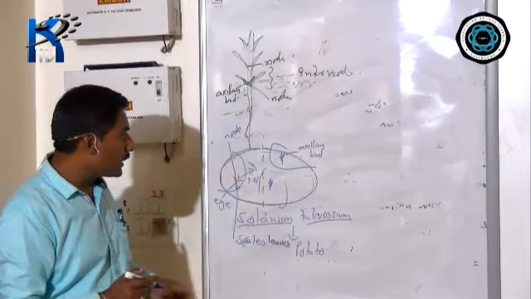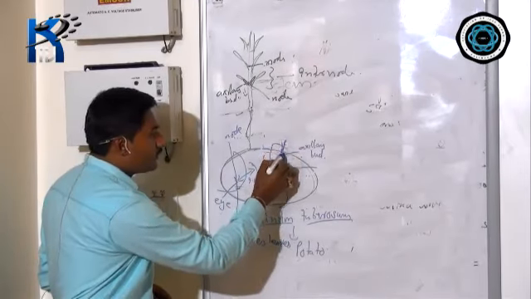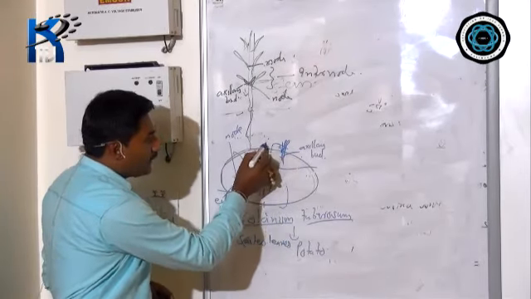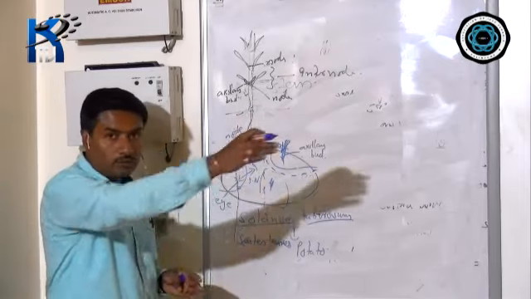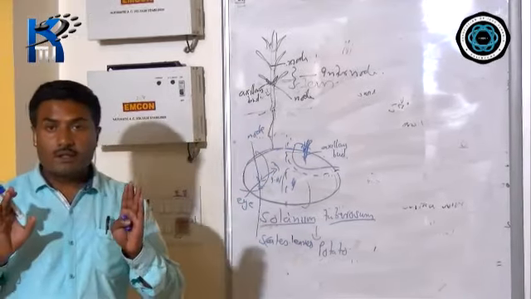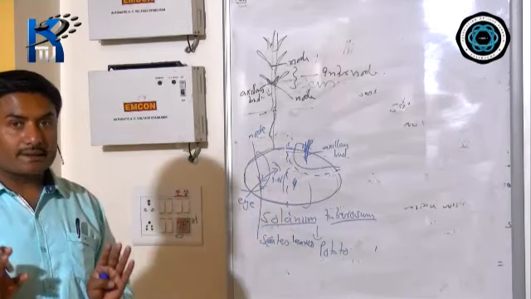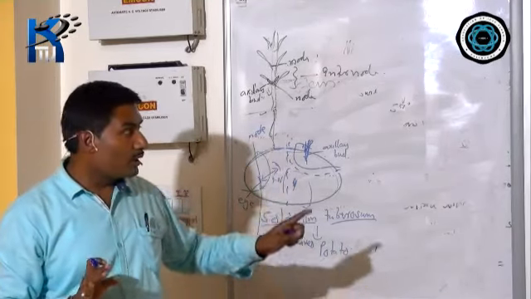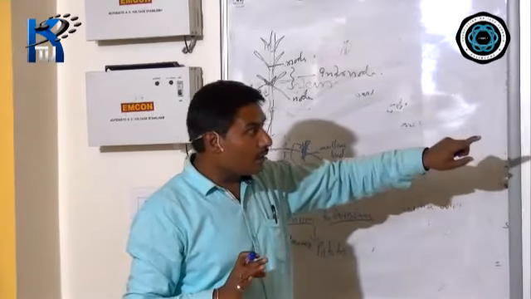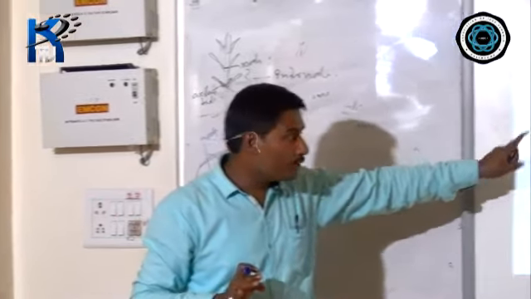The farmer, what do they do? If these shoots are big enough, they cut this part and put it into the soil, and from here you get a new plant. So this type of vegetative propagation through the underground stem, you call it stem tuber.